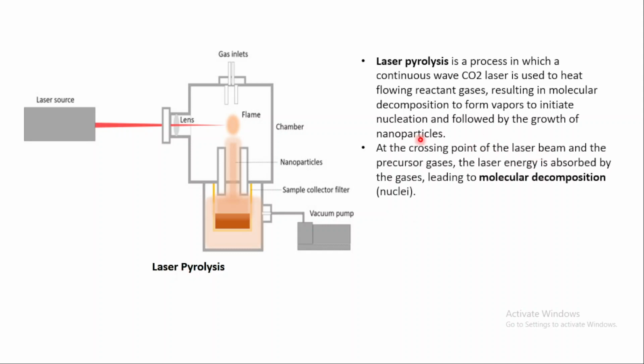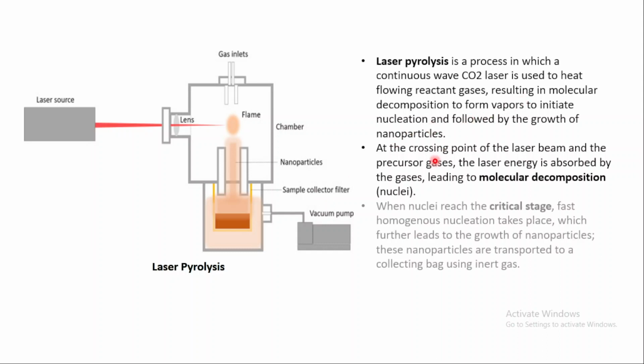So at the crossing point of this laser beam and gas inlet, the laser energy is absorbed by the gases, leading to molecular decomposition, right? Laser energy will be absorbed by these gas molecules, and these molecules decompose into nanostructures or to form vapors.